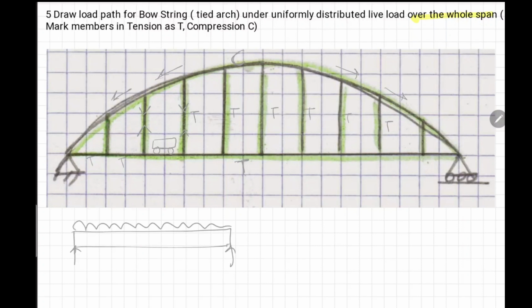For very long span bridges, we go for bowstring. They look aesthetic, and if we have multiple spans, the formwork can be reused. One of the longest bridges in South India for Indian Railways is a bowstring tied arch.